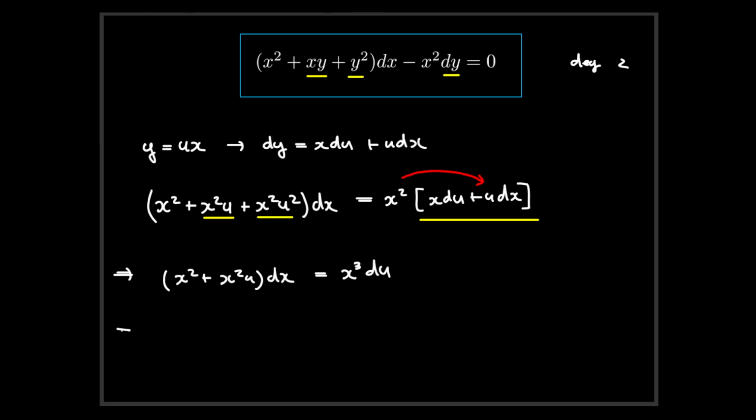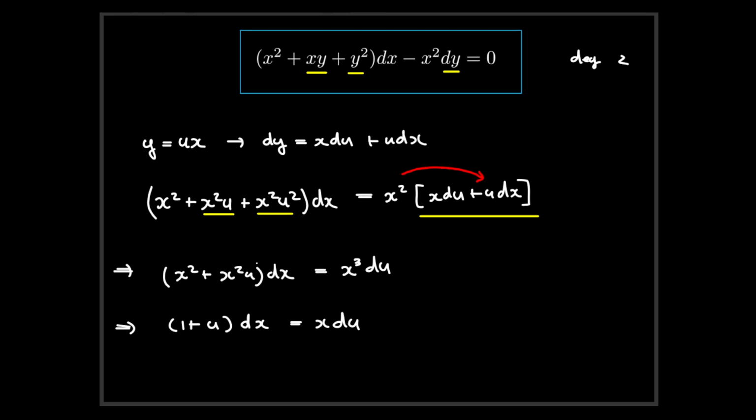Okay, nice. And this is just going to give us 1 plus u squared dx is equal to x times du. Sorry, I should say u squared. There's a u squared here, because we cancelled this term and not the x squared u squared.